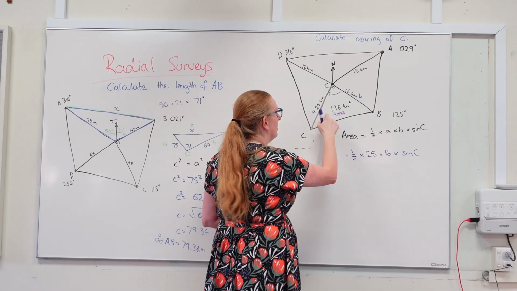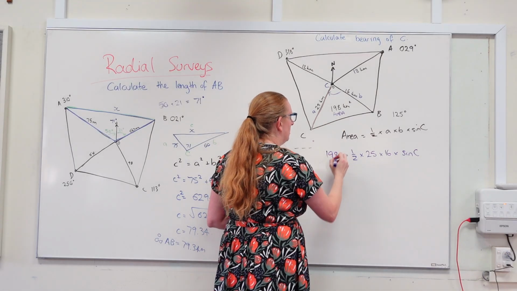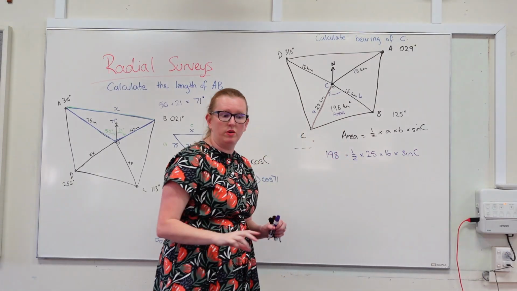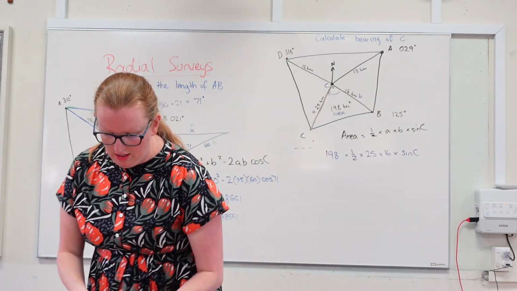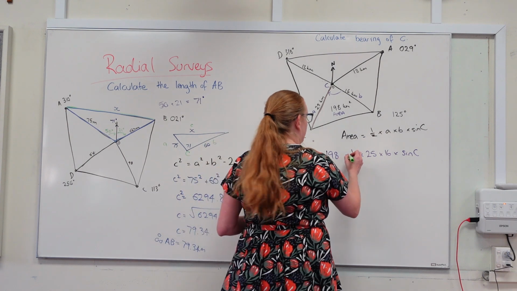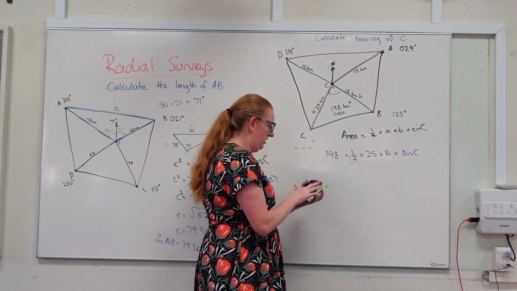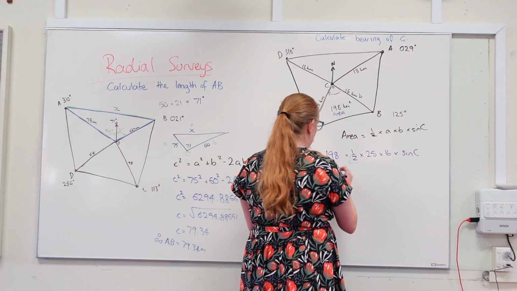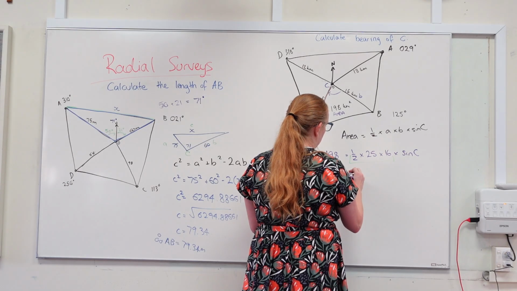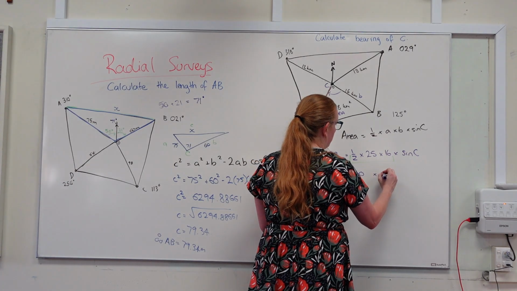Silly me. 198. Okay, so into my calculator, I'm going to type this bit. So half times 25 times 16. So I get 200. So 198 equals 200 times sine C.